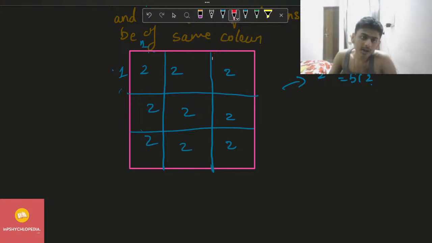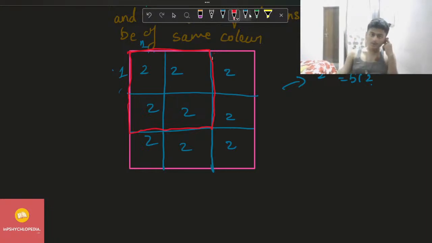Now, a 2 by 2 square is of the same color only when the whole square was painted red.